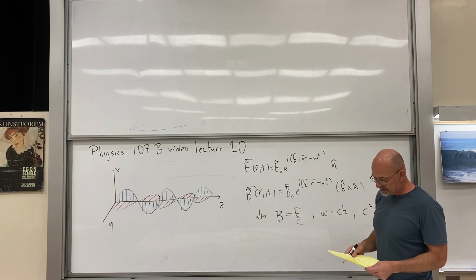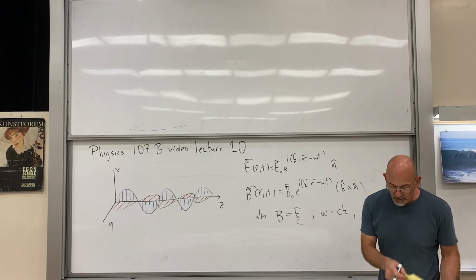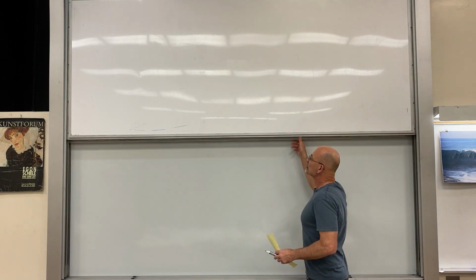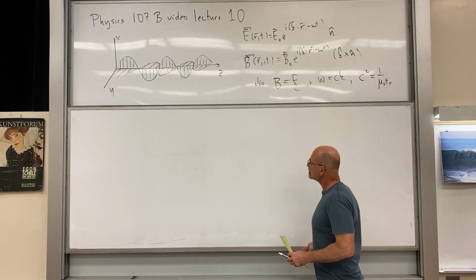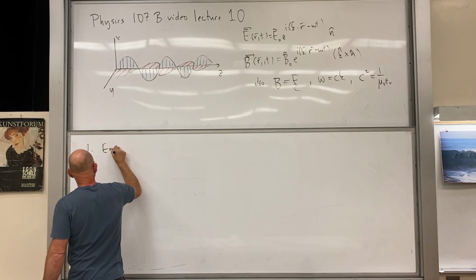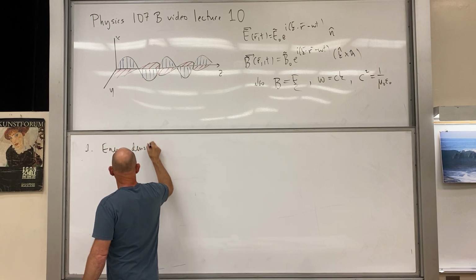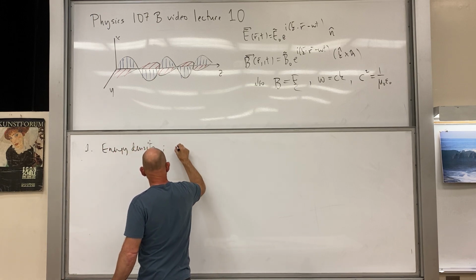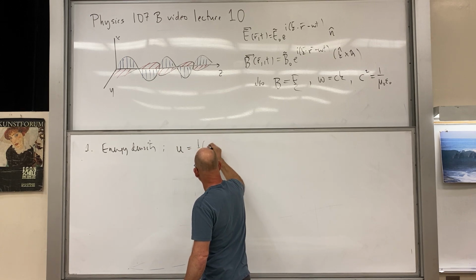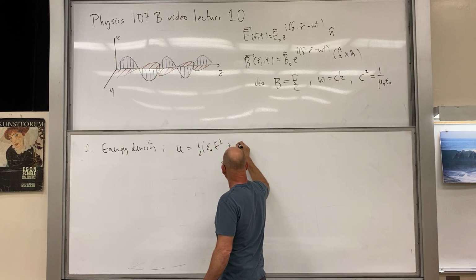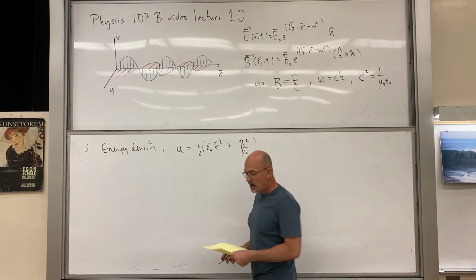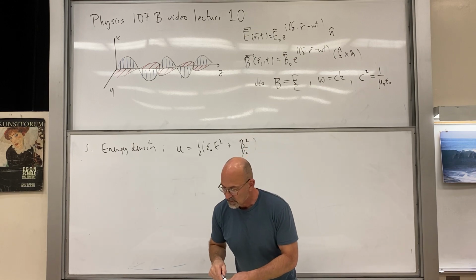Good, so using this, we'll start with the energy density. I like to number things, so we have our energy density. So energy per volume, U, and we had this in the past, 1/2 epsilon naught E squared plus B squared over mu naught. But now we have this relation here.